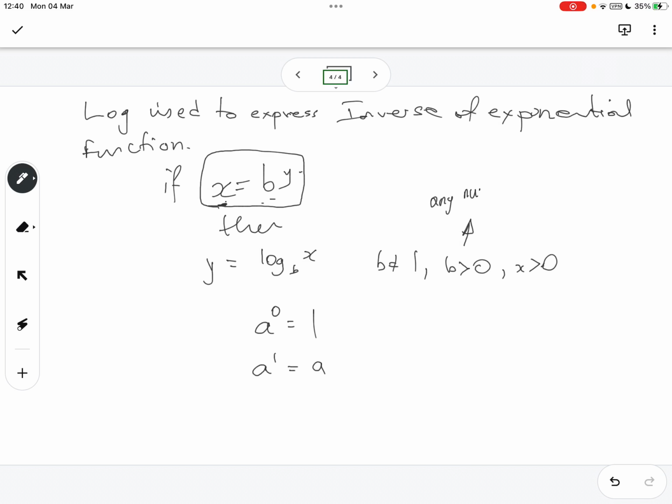Yeah, so this one of b being greater than 0 just simply tells us that 0 can't be raised to any number and give anything other than 0.